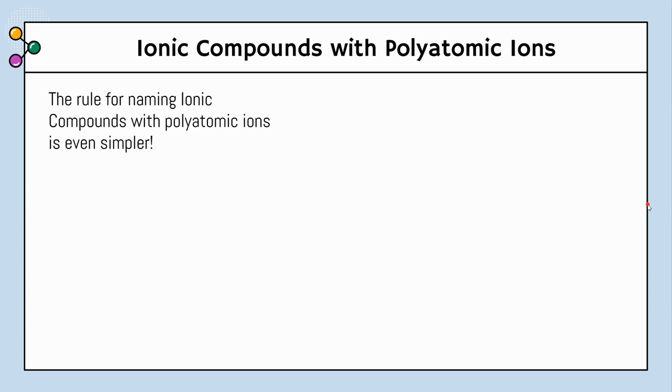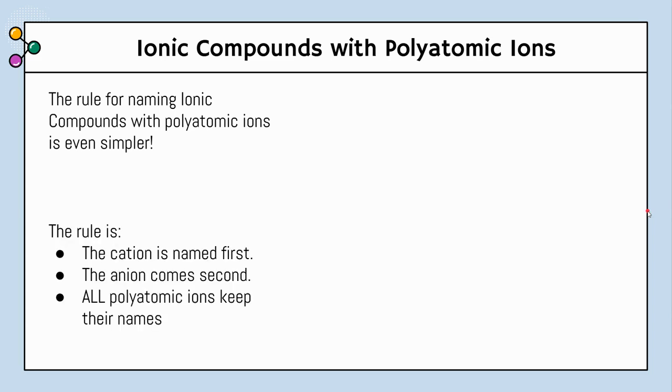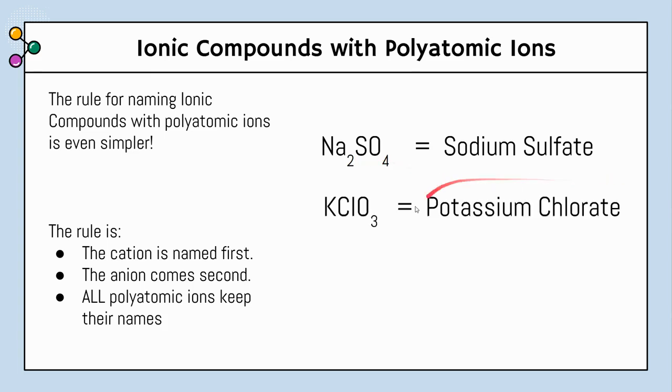Now, when it comes to naming ionic compounds with polyatomic ions, the rule's even simpler. Cations first, anions second, and every polyatomic ion just keeps its name. This goes on top of the rules we just talked about. So sodium, Na, and sulfate, SO4, just form sodium sulfate.